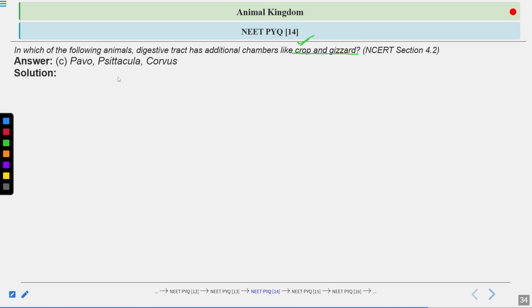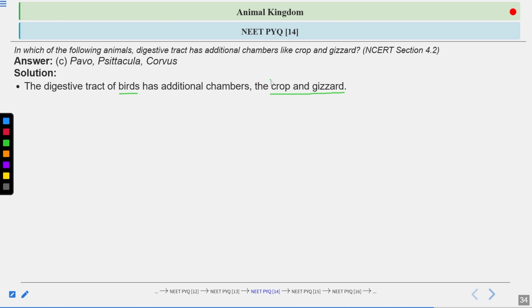So these are the birds, Pavo, Psittacula and Corvus: peacock, parrot and crow, all are birds. The digestive tract of birds has additional chambers called crop and gizzard.